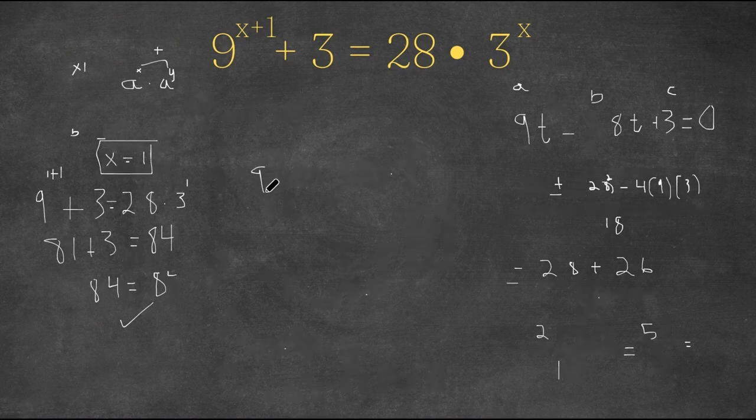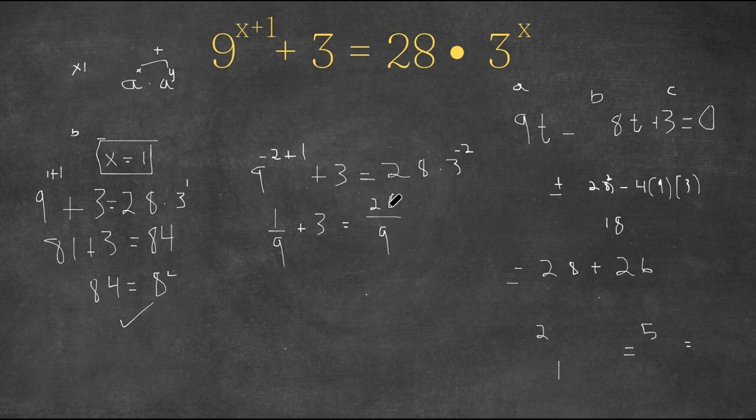So we have 9 to the power of -2 plus 1, plus 3 equals 28 times 3 to the power of -2. 9 to the power of -2 plus 1 is 9 to the power of -1, which is 1/9, plus 3 equals 28 times 3 to the power of -2, which is 28/9.